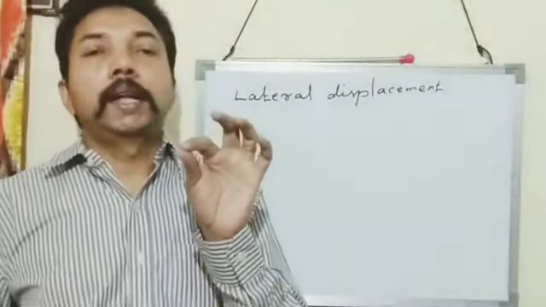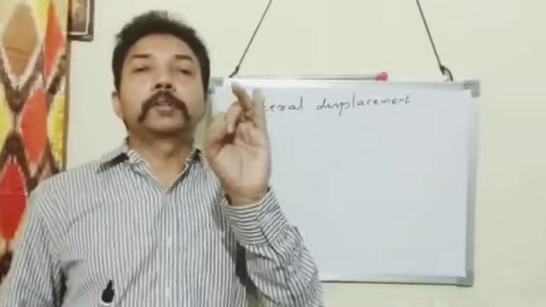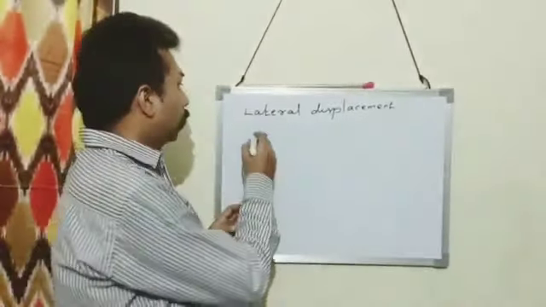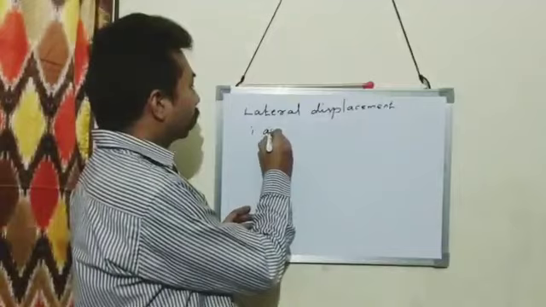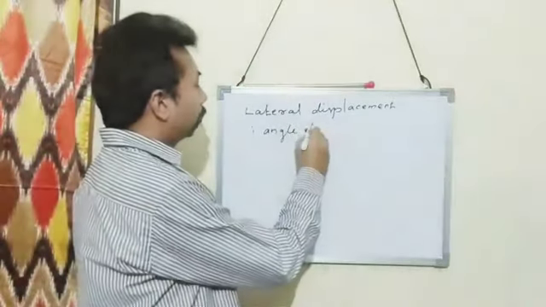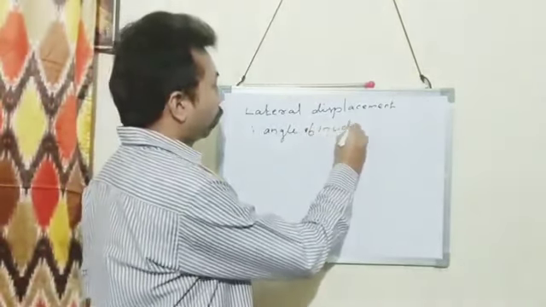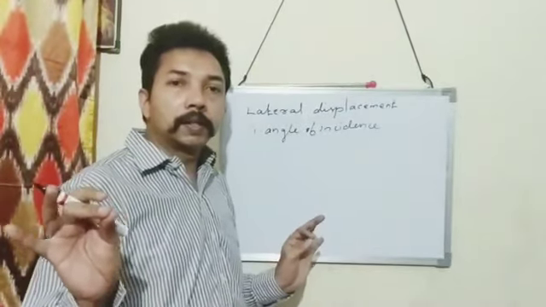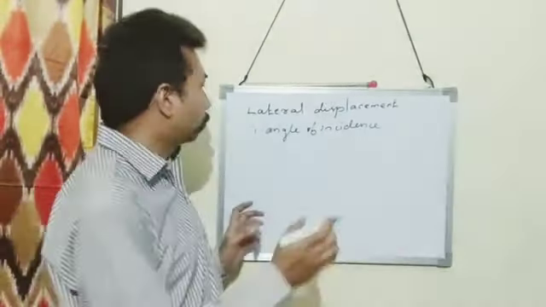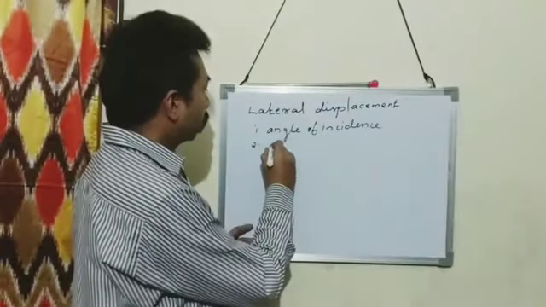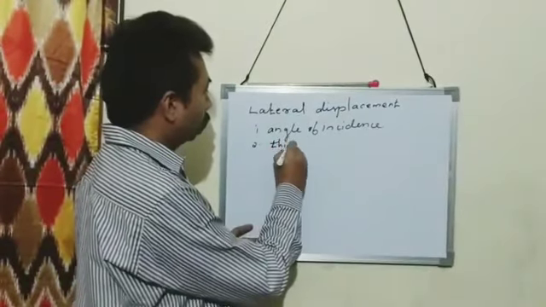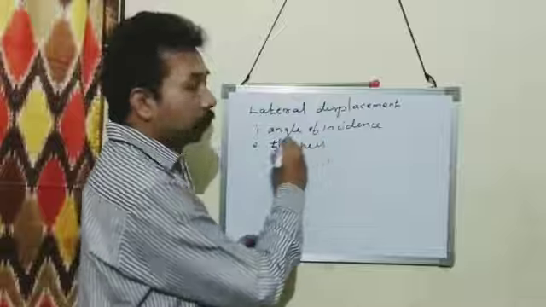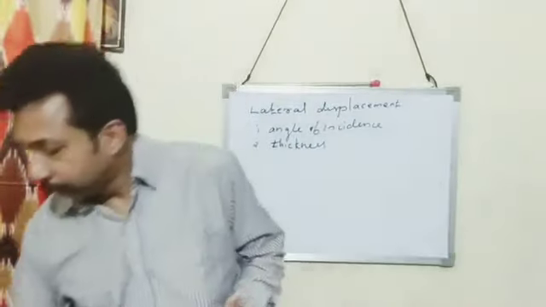So this lateral displacement depends on three factors. One is the angle of incidence. Greater the angle of incidence, greater is the lateral displacement. The second one is the thickness of the glass block.